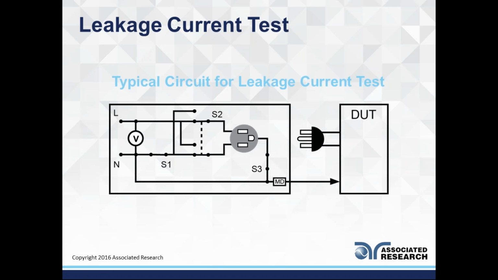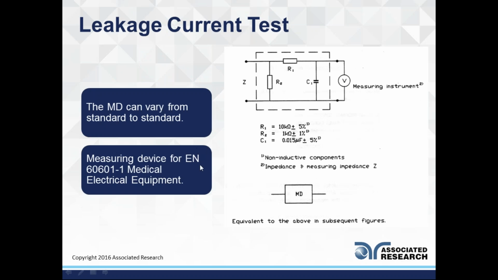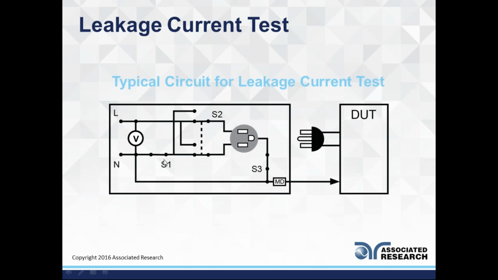Another switch I have is right here, this S1, which can be opened, meaning open neutral. So what happens if my line is connected, I have current flowing through my device, and my neutral suddenly opens? These are just random fault conditions that we want to know may occur. Is it likely that they'll occur? Probably not.